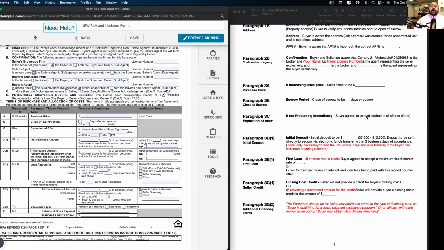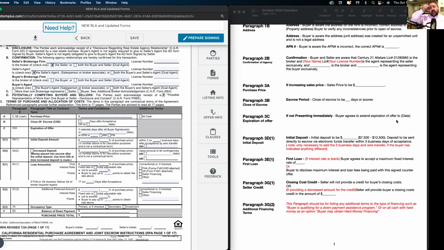So if I've now received your offer maybe a week ago, and then I don't present it until now, and we're going to negotiate with you because we like your offer, in my counter, I have to put that you're extending the expiration date of the offer to at least the date that we've sent you the counter, if not a couple days later, so it gives us time to negotiate.